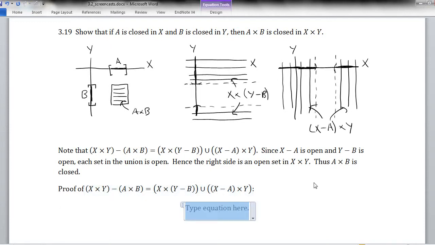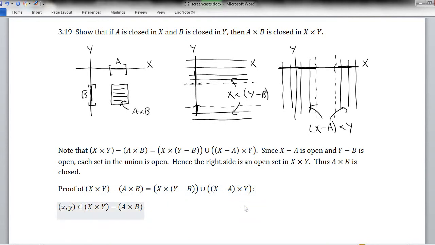So say that (x,y) being an element of the left-hand side is equivalent to, well, what? Let's see. That means that (x,y) is in X times Y, and it's not in A times B. Right. Good.